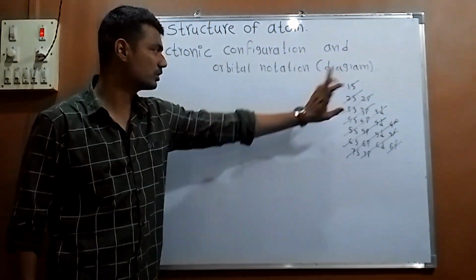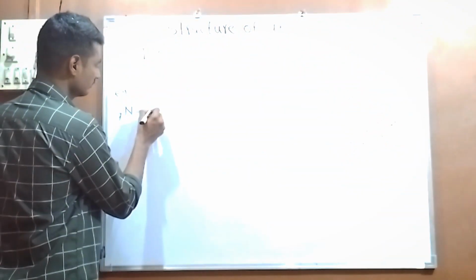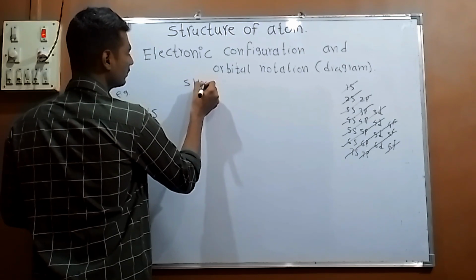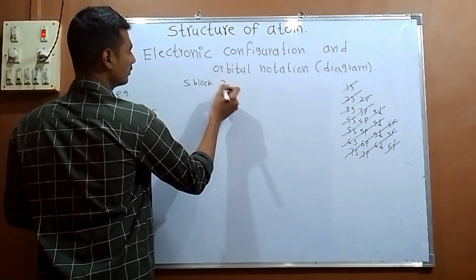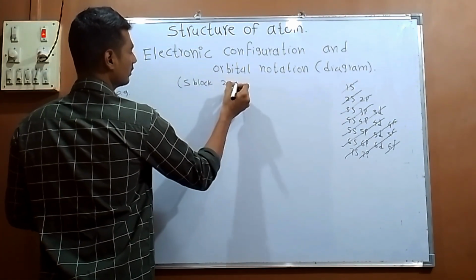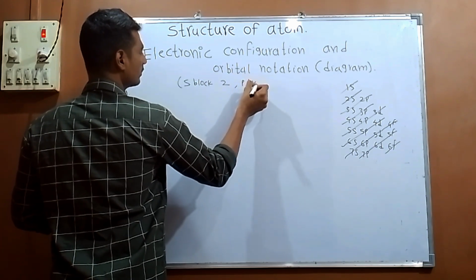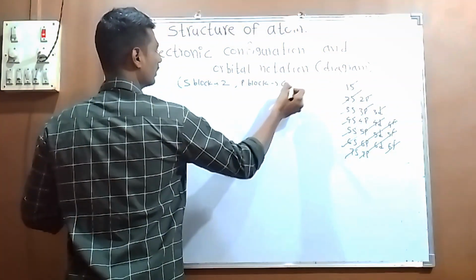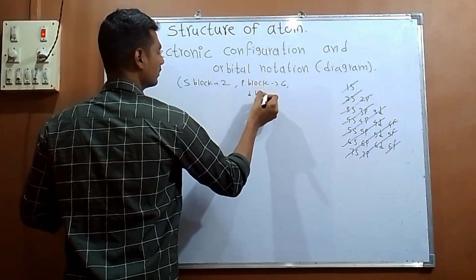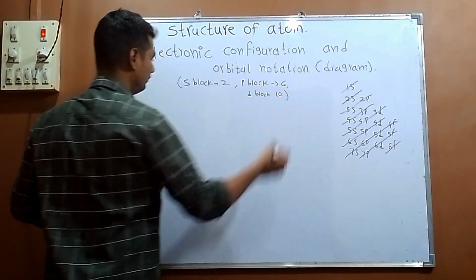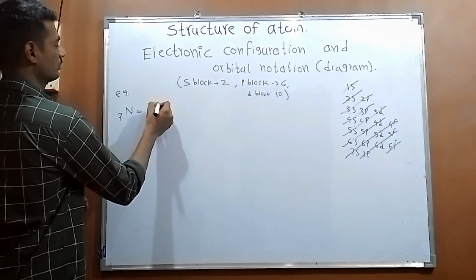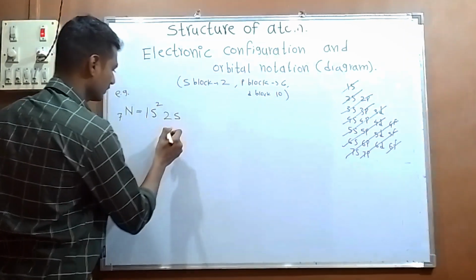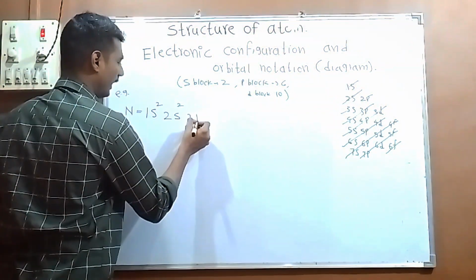The first orbital is 1s, and we all know the limit of the s block is 2, the p block is 6, and the d block is 10. So 1s2. After 1s, which orbital is there? 2s, which also contains 2, and then 2p.